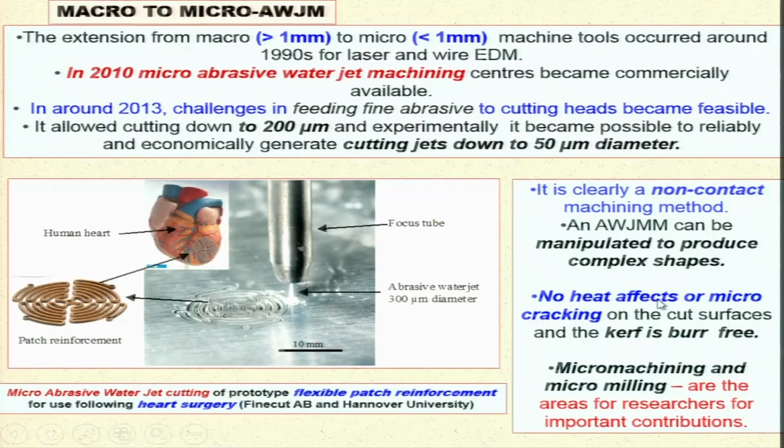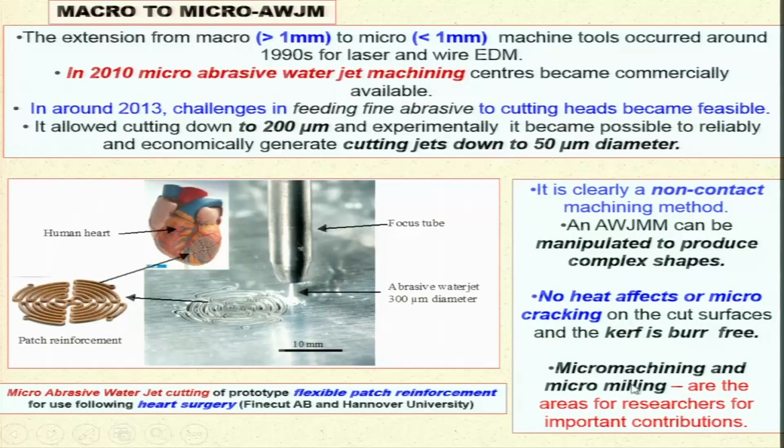No heat effects or micro cracking on the cut surfaces, and the kerf is burr free, because if burrs are there, they have to be removed before putting a part into the assembly, but this gives you a burr free machined surface. Micro machining and micro milling are areas for researchers to make important contributions in abrasive water jet micro machining processes.